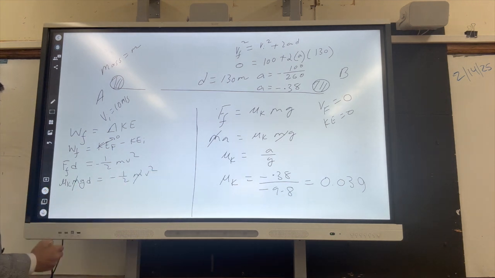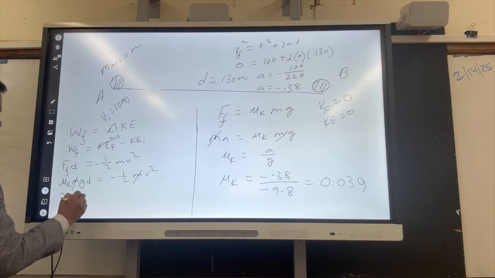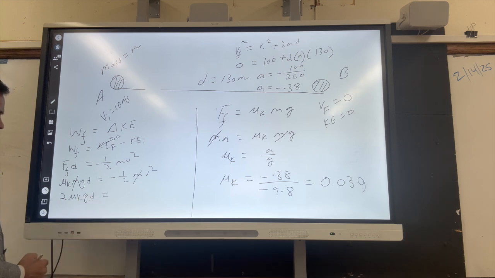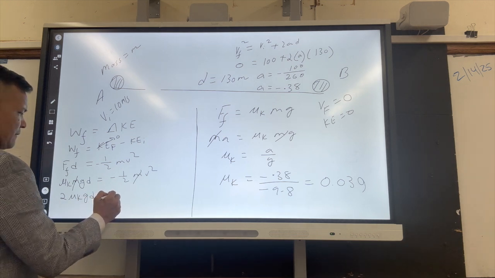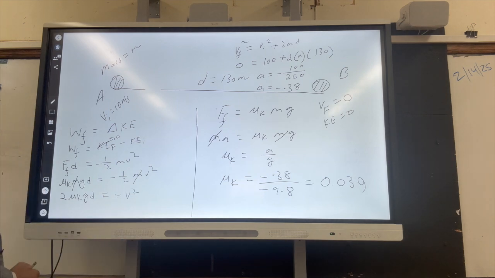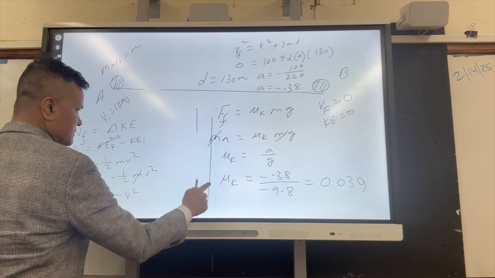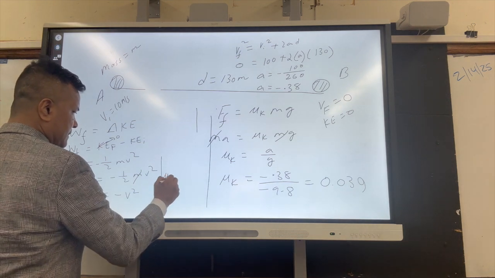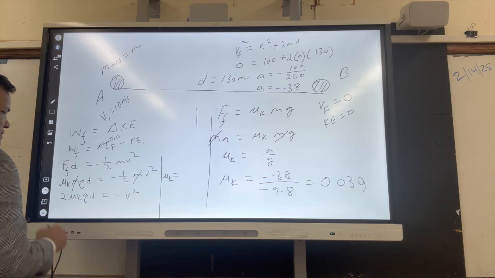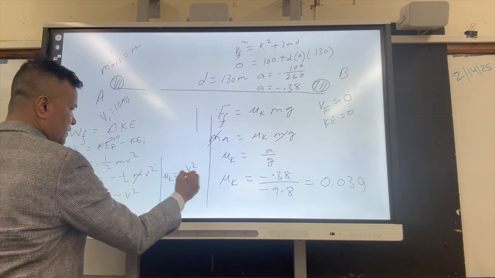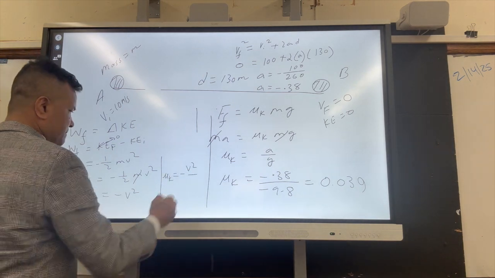Cancel. Now you have 2 mu k g d is equal to negative v square. So now mu k is negative v square over 2gd.